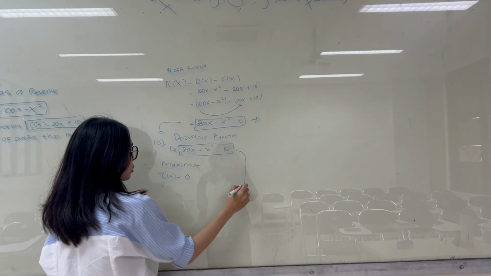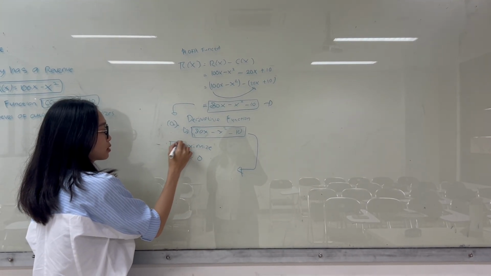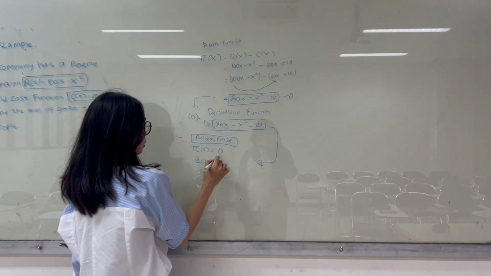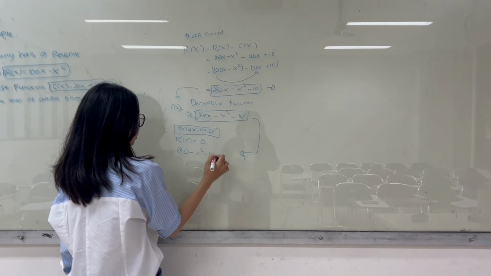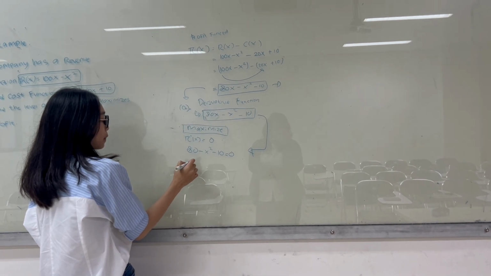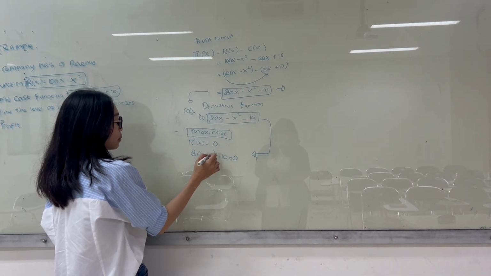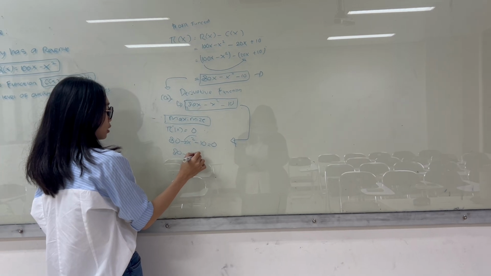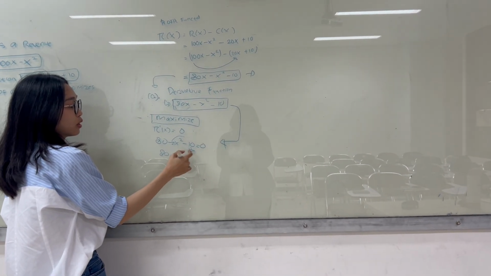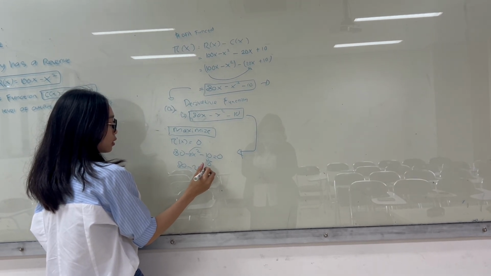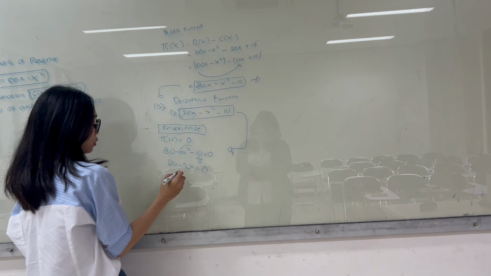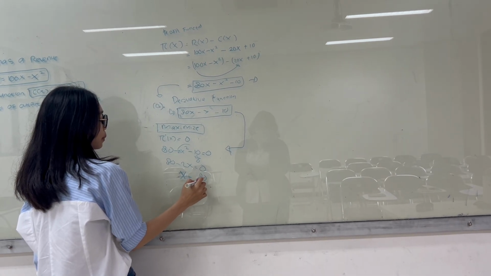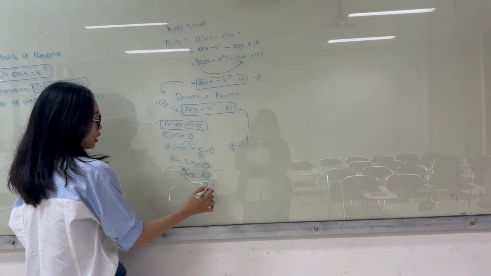So the derivative is 80 minus 2x, because 80 is a constant, it becomes 0. So to find x, 80 divided by 2, and the answer is 40.